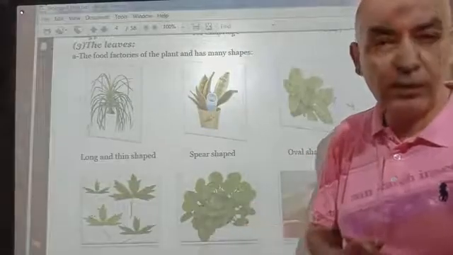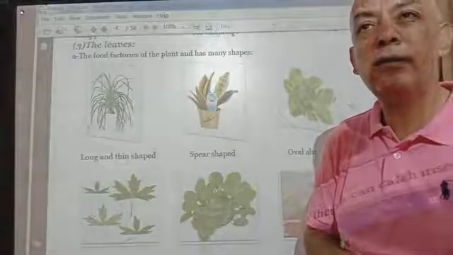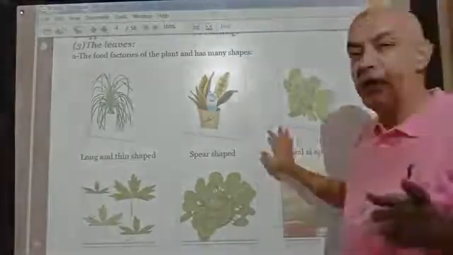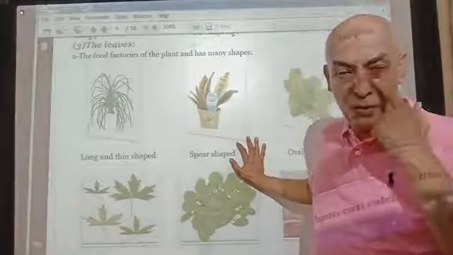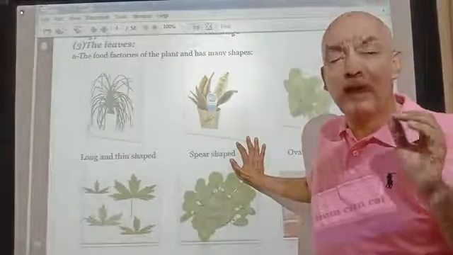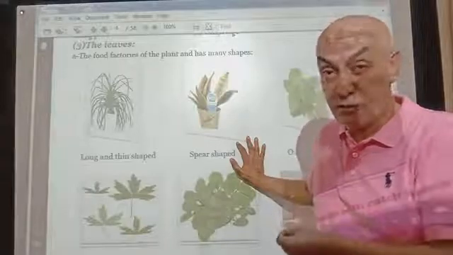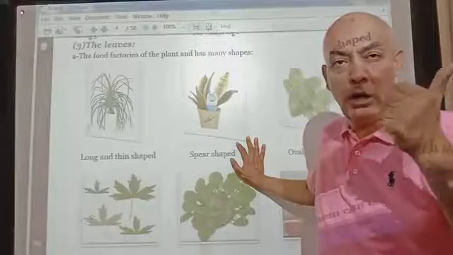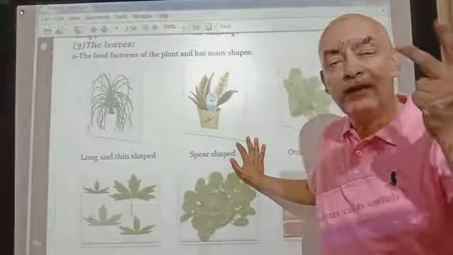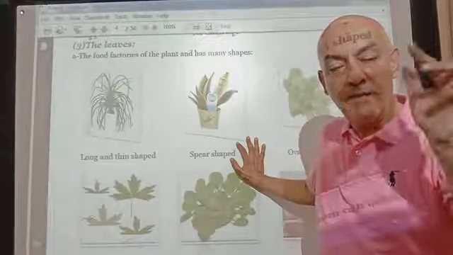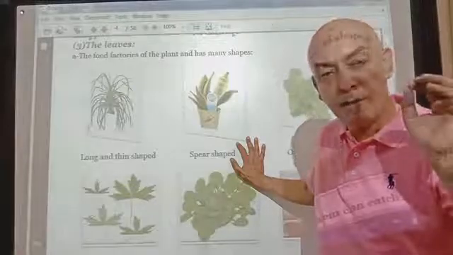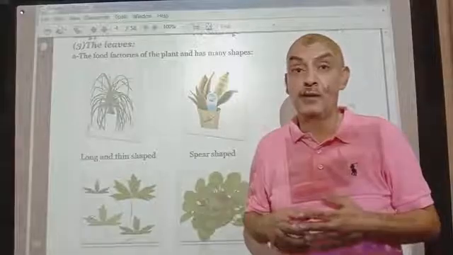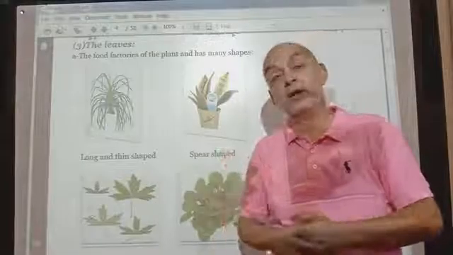In the next years, you will understand that in order to make photosynthesis process, plants need some conditions, as I have mentioned right now. They need carbon dioxide from the air, water from the soil, sunlight from the sun. If these three conditions are available, the plants will make photosynthesis process and produce their own food.